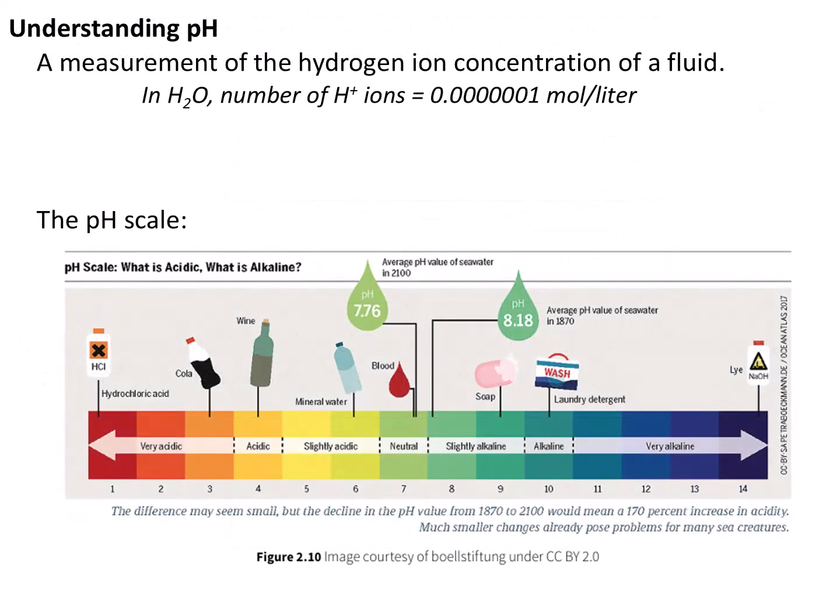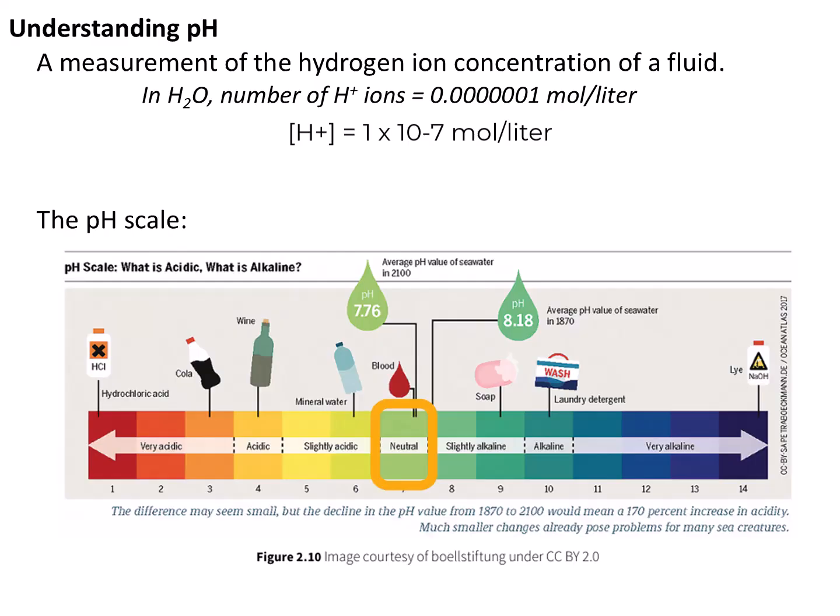pH is a measurement of the hydrogen ion concentration of a fluid. It is based on a logarithmic scale. When we look at water, the number of hydrogen ions is written as 0.0000001 moles per liter. If we were to write this in scientific notation, it would be 1 times 10 to the minus 7th. This is minus 7 because we count backward from the decimal point 7 places.